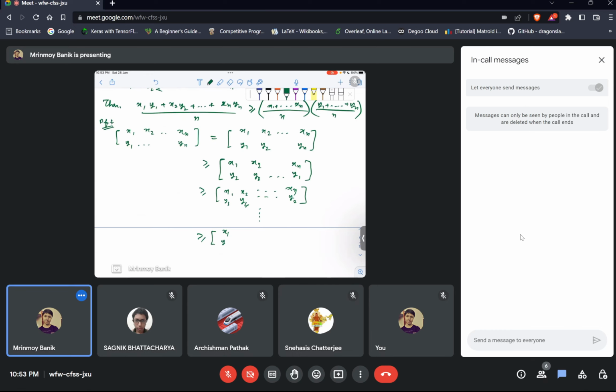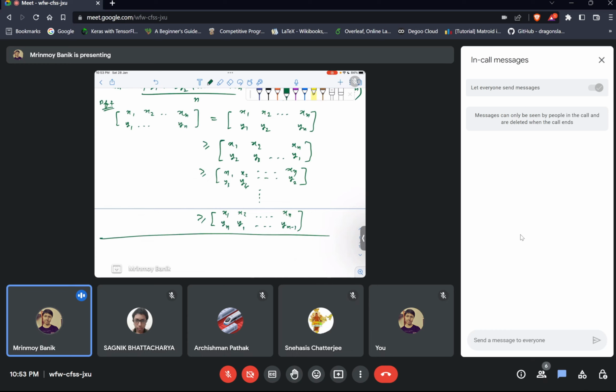x1 yn, x2 y(n-1), sorry, y1, xn y(n-1). Adding all these up, the left hand side is repeated.